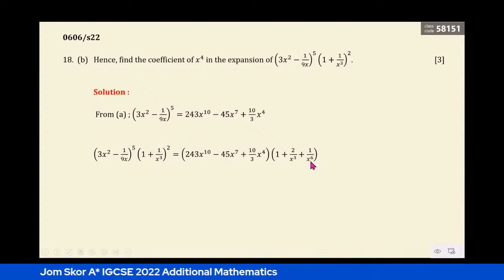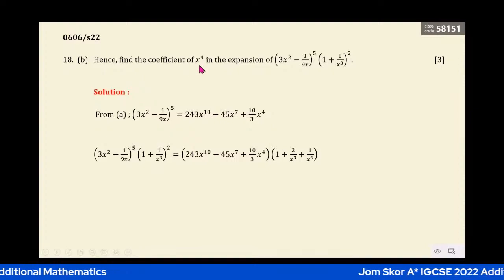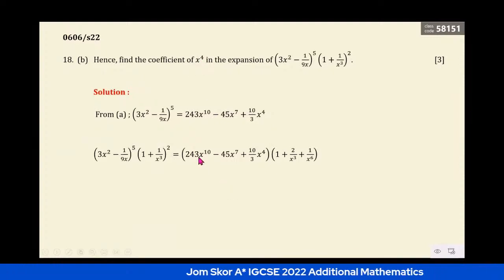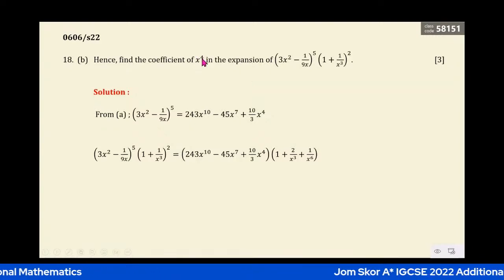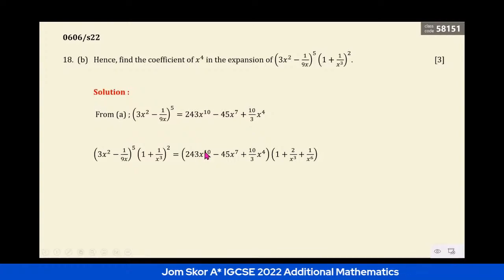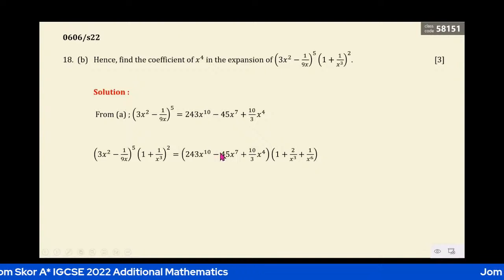Okay, right. Soalan minta kita cari coefficient of x to the power of 4. Okay, so kena fikir mana terms in first bracket, when you multiply with the second bracket, you will get the x to the power of 4. Okay, if you look at this one, x to the power of 10, you kena multiply bawah the x to the power of 6 so that kita dapat 10 minus 6 is 4.